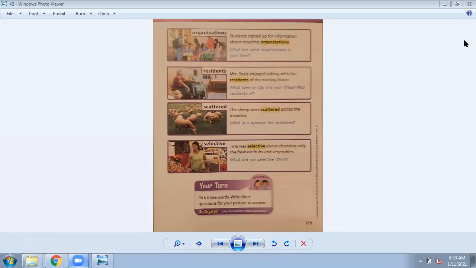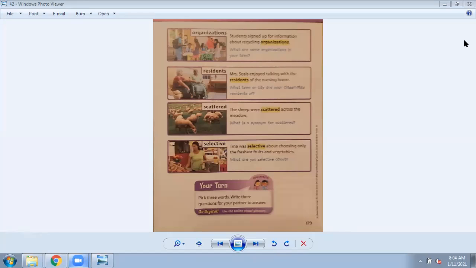Yusuf, how about you? Can you give us the definition of residence, please? People who live in a particular place. That's exactly right. Residents are the people who live in a particular place. Like if we say the residents of Port Said, that's the people who live in Port Said.